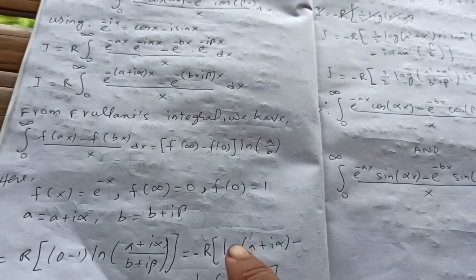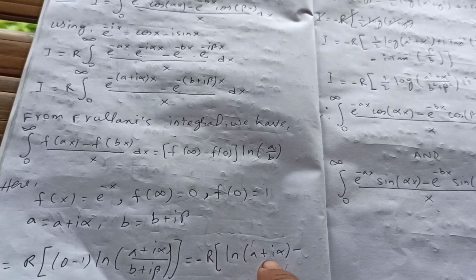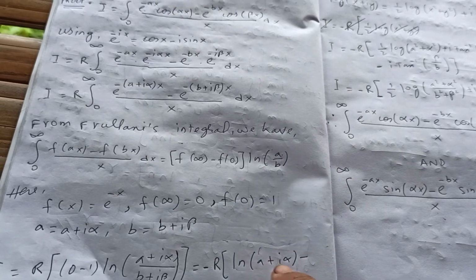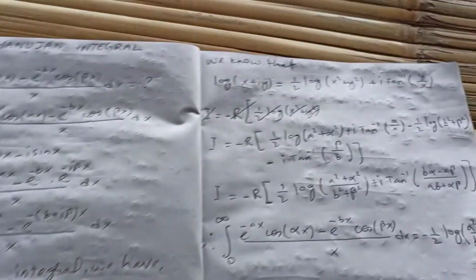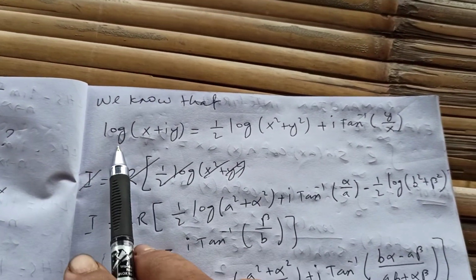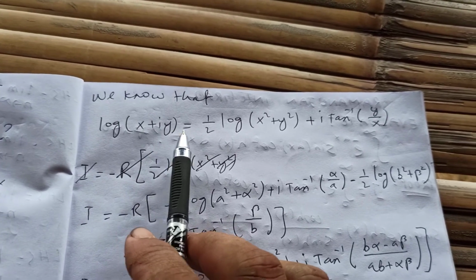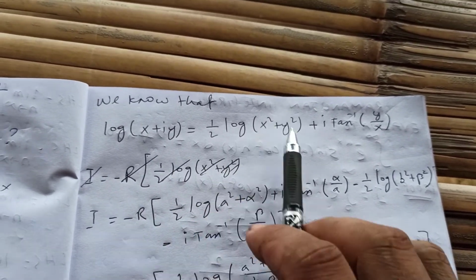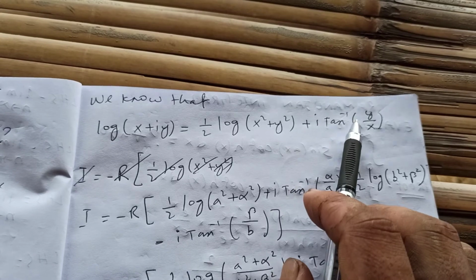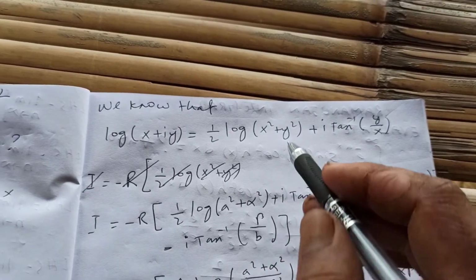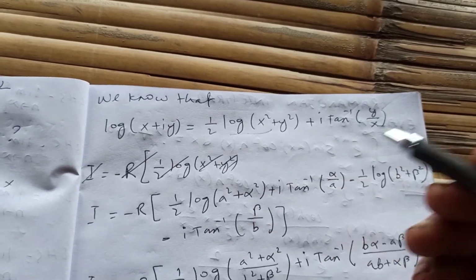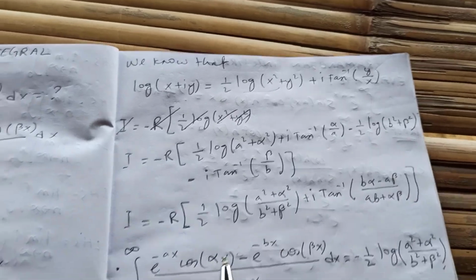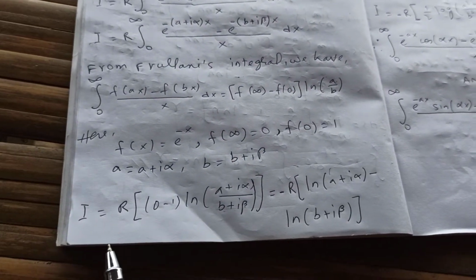So for a complex number, log of x + iy is 1/2 log(x² + y²) + i tan^(-1)(y/x). This is the real part and this is the imaginary part. Now let's come back to our integral.